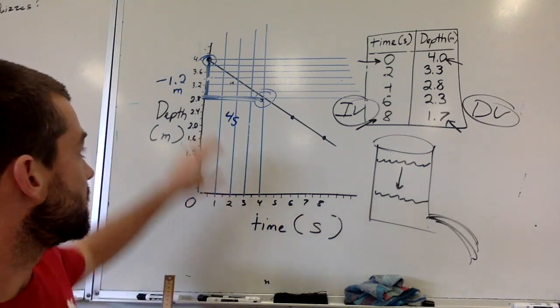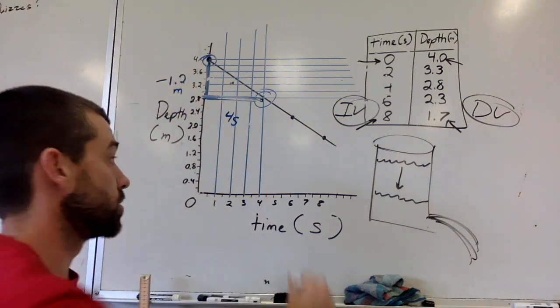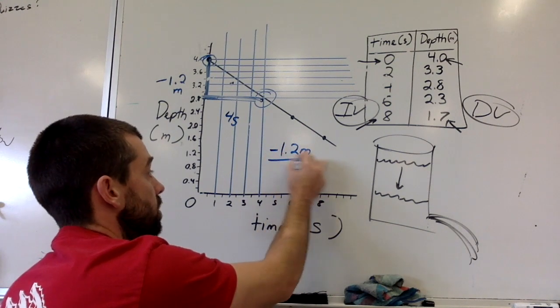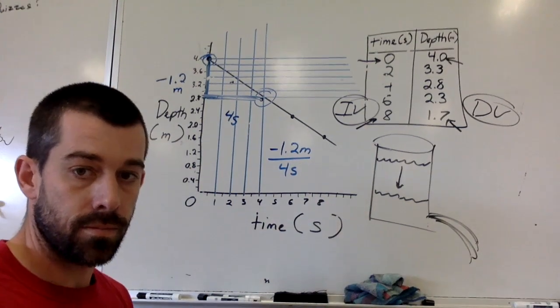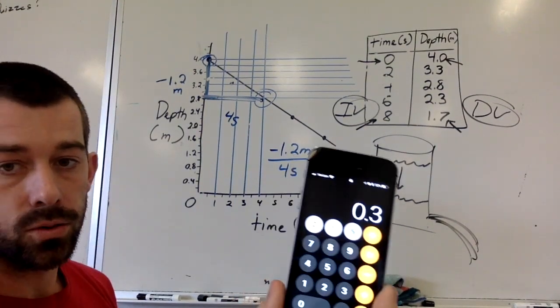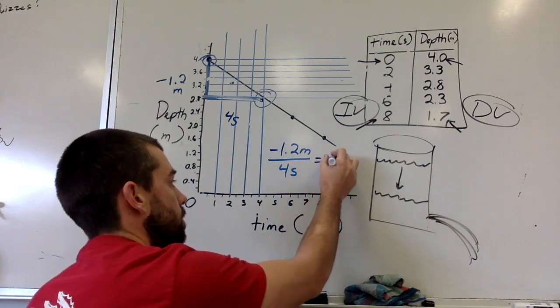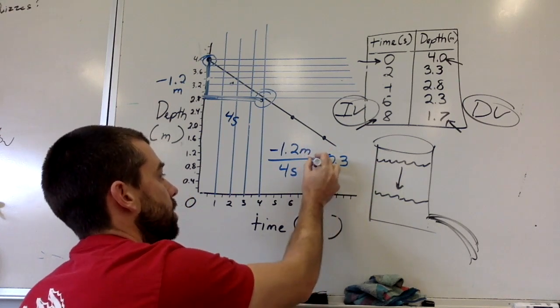Okay, so we take this rise and this run, and we do rise over run. So it's going to be negative 1.2 meters divided by 4 seconds. Plug that into a calculator, and the answer is going to be 0.3. Sorry, my mistake.